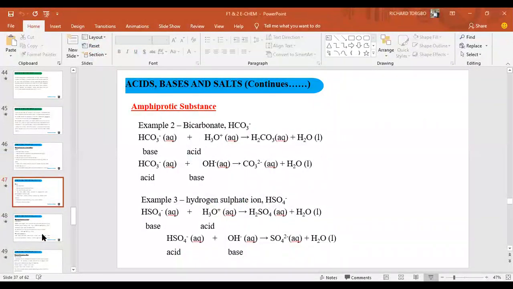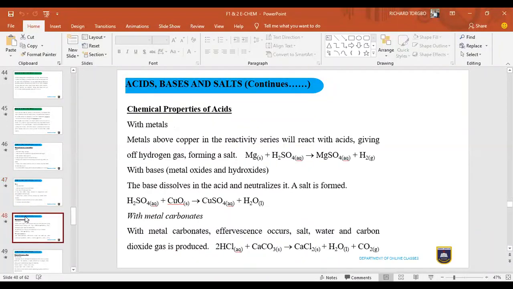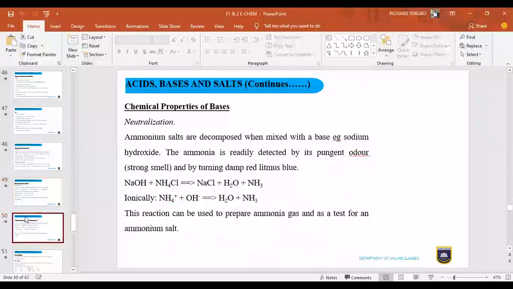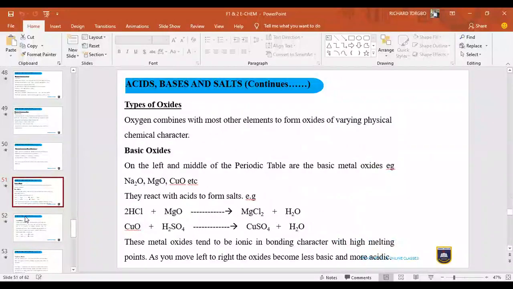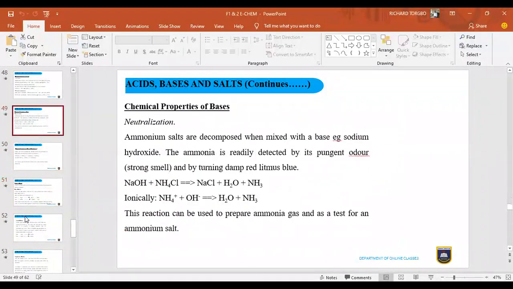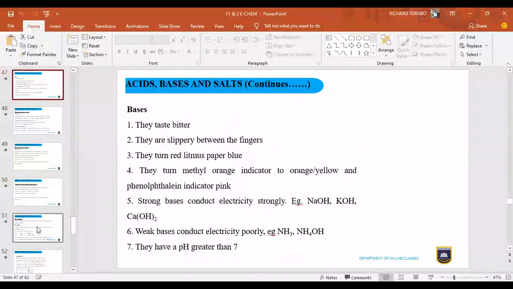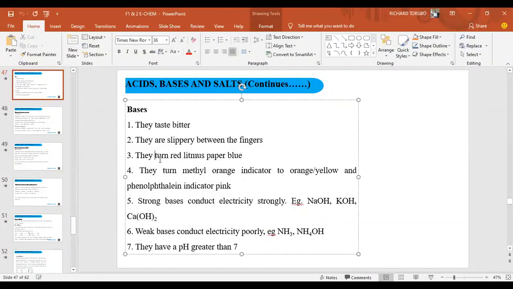The litmus paper has to be wet, or we say damp. You damp the litmus paper or you wet it, meaning put it into water. Just dip the litmus paper into water before you put it into the acid. If the litmus paper is not wet, nothing will happen. Put the blue litmus paper into the acid, the color will still be the same.